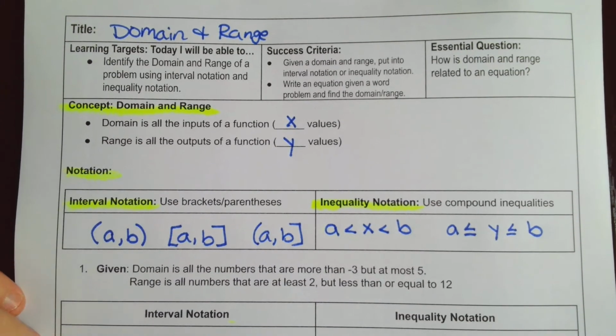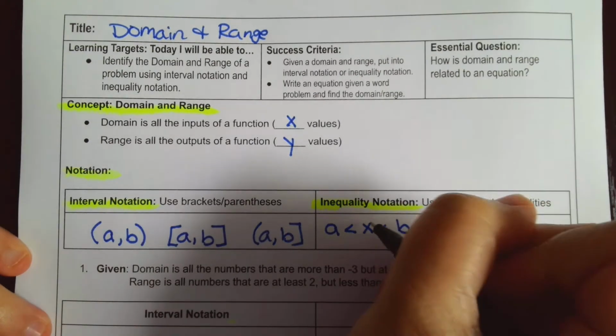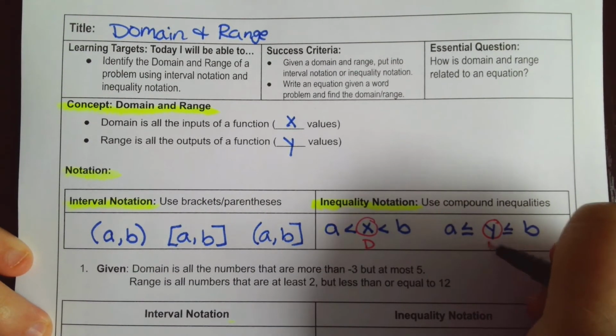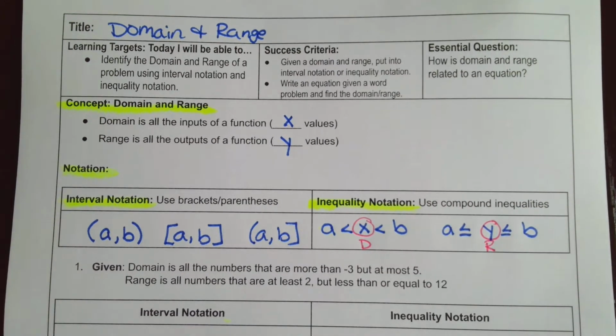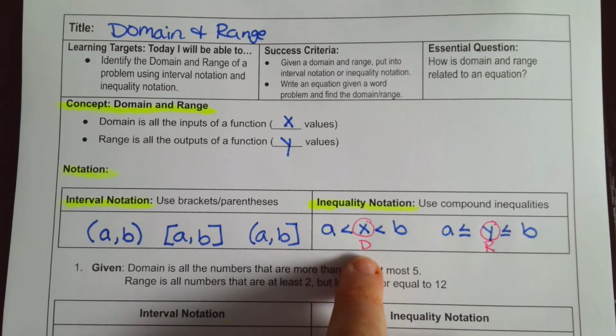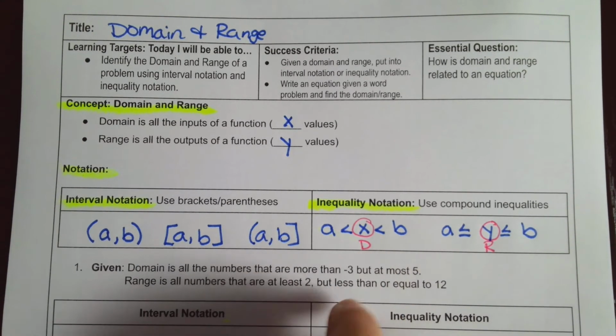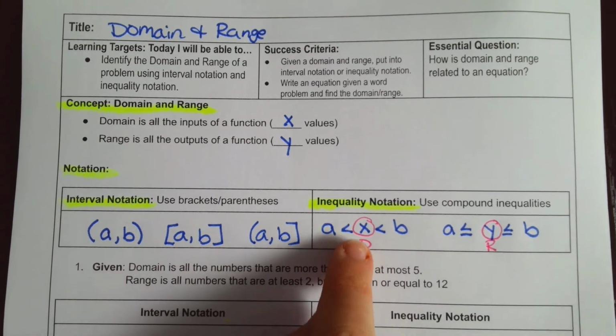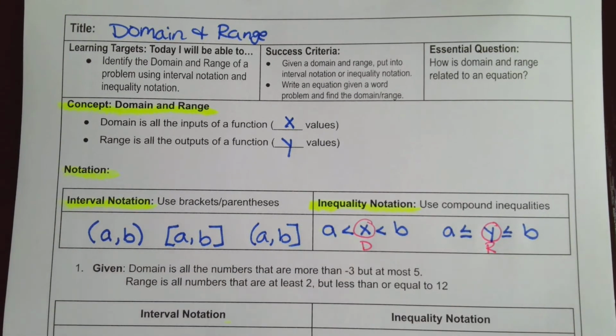Now, you may be wondering where the variables in the middle come from. So x represents domain, y represents range. So if you're finding domain and you're using inequality notation, you put an x in the middle. Now, let's talk about what it means to have a parenthesis, a bracket, a less than, or a less than or equal to.